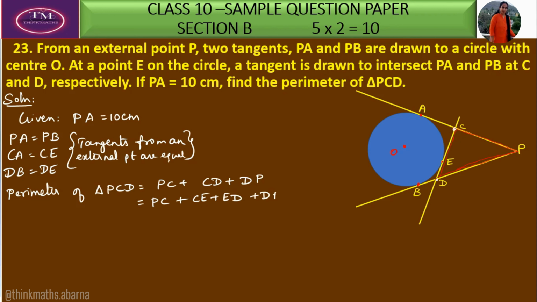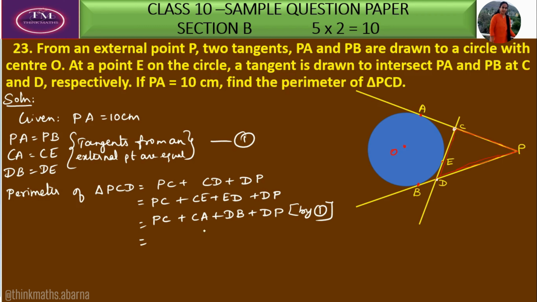We have DP here. What is CE? CE is nothing but CA. What is ED? ED and DE are the same. So ED is nothing but DB. So DB plus DP. So this is by equation 1.